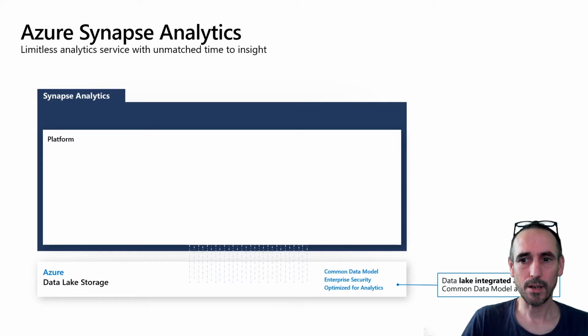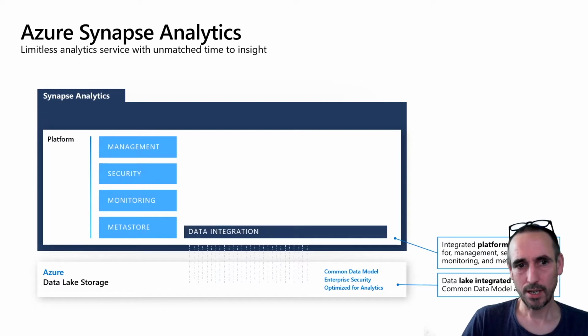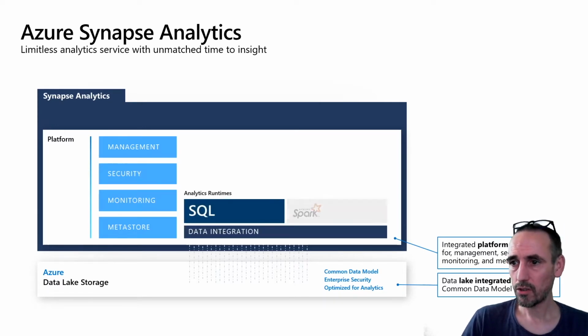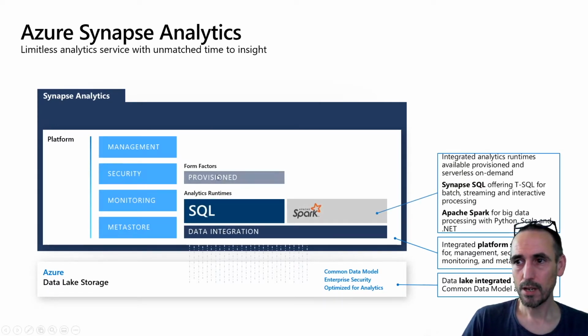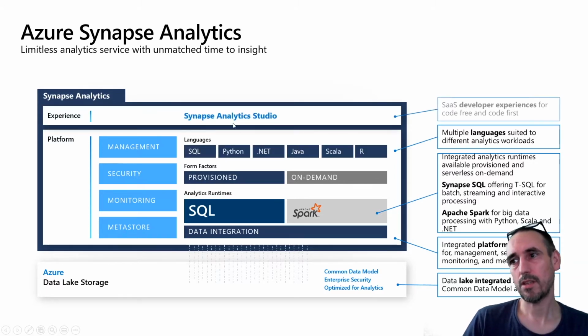Azure Synapse Analytics includes the data lake, the storage, the ADF data integration runtime. Here would be the provisioned SQL pool, or what we would traditionally call the SQL data warehouse, and then the SQL on demand, Spark, then the language, and then the new studio that sits on top.